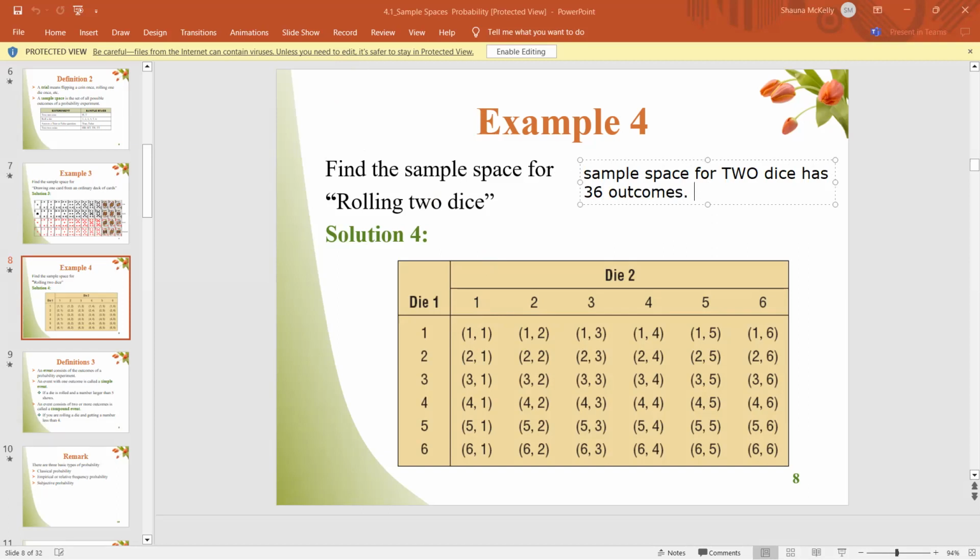Order matters. So 2, 1, and 1, 2 are not the same. And also the smallest sum is 2. And the largest sum is 12, okay? 6 and 6 is 12.